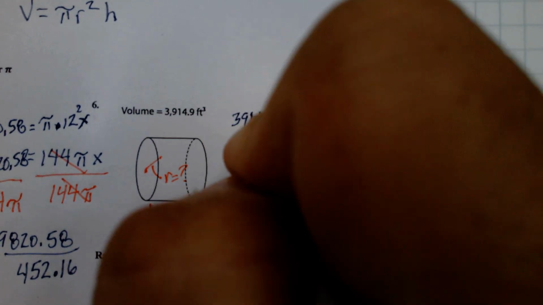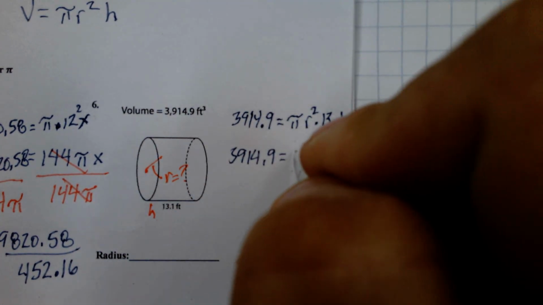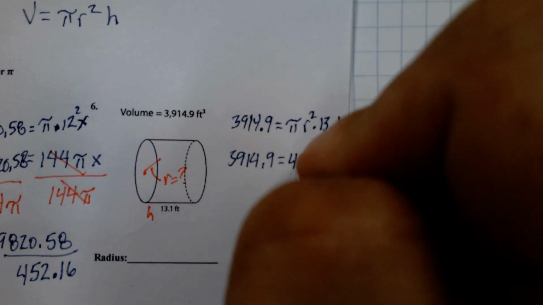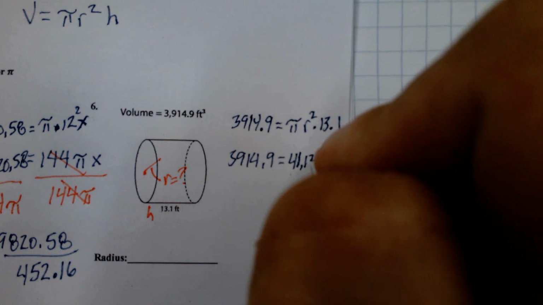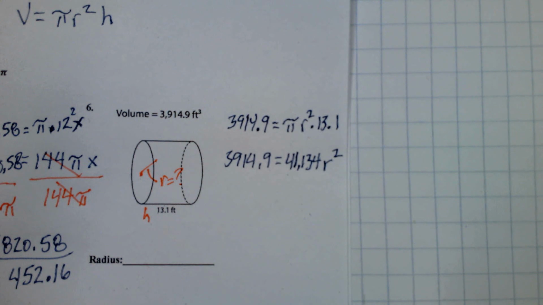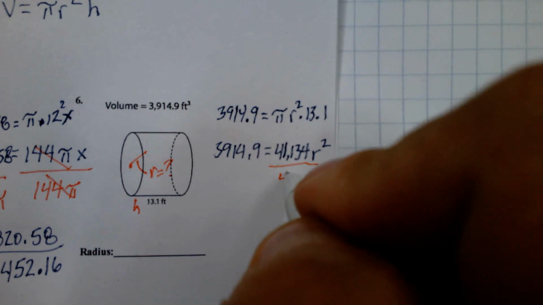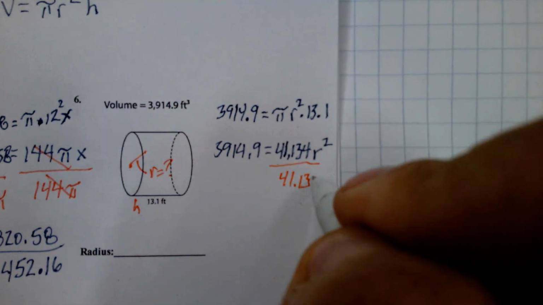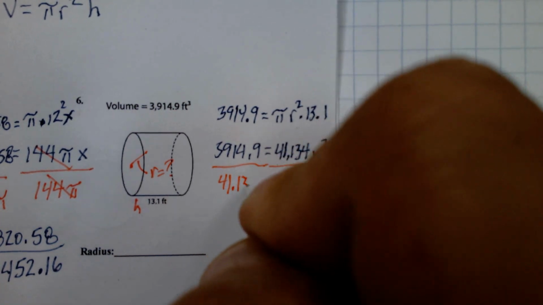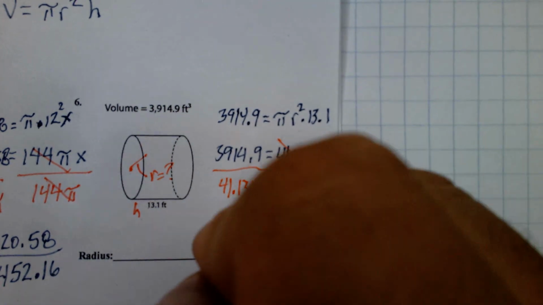So this is 3,914.9 equals 41.134 r squared. Now let's divide by that, 41.134, and we're going to get r squared.